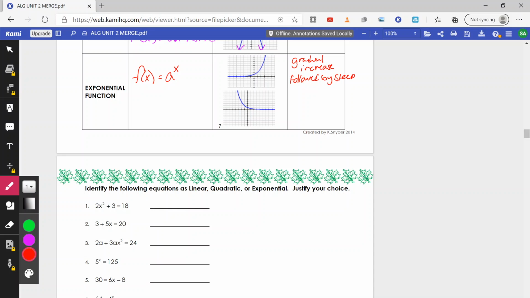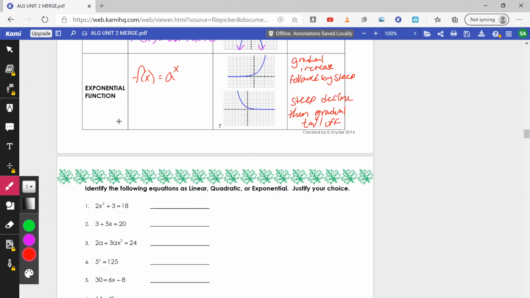And the other way that it could go is we have a steep decline followed by a gradual one. So again, we gradually increase and then we shoot up, or we come down and we level off for exponential.